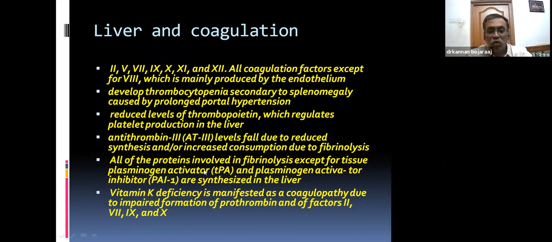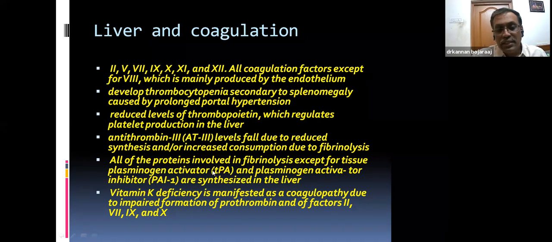So this is an anticoagulant here. This is an anticoagulant. So these levels are decreased. All the fibrinolytic factors are decreased, going for thrombosis. So a liver problem may cause coagulopathy by means of bleeding or thrombosis. Both may occur. That is the point you have to remember.